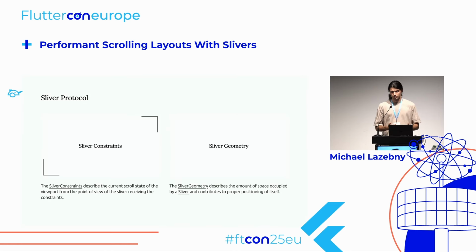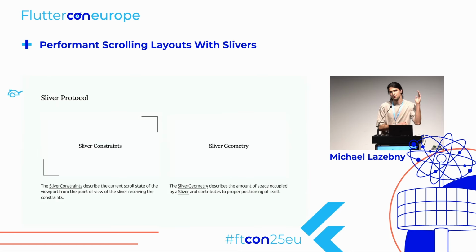And sliver geometry. Instead of using a simple size like width and height, the sliver protocol uses sliver geometry, which is a more sophisticated and more detailed thing. Because imagine you have, again, a list with 1,000 items. You cannot just provide a size, right? You cannot calculate all those widths and heights.